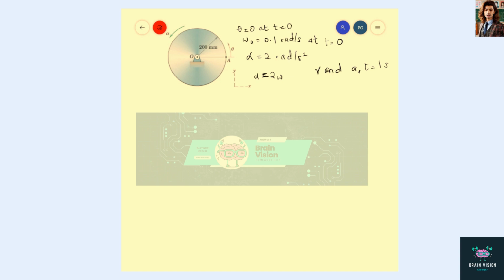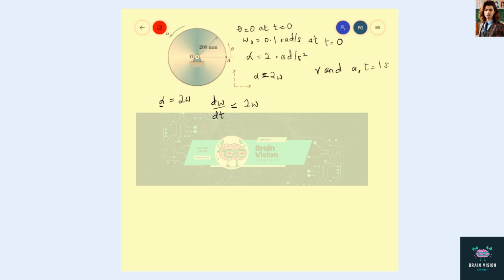First of all, since the angular acceleration is just 2 times the angular velocity, we can substitute the angular acceleration with d omega over dt, because the angular acceleration is the change in angular velocity with time, and this is equal to 2 omega.